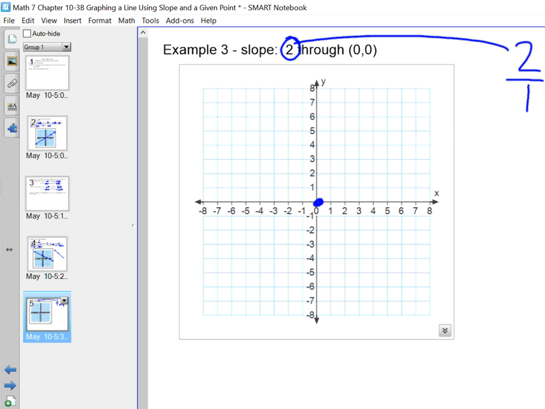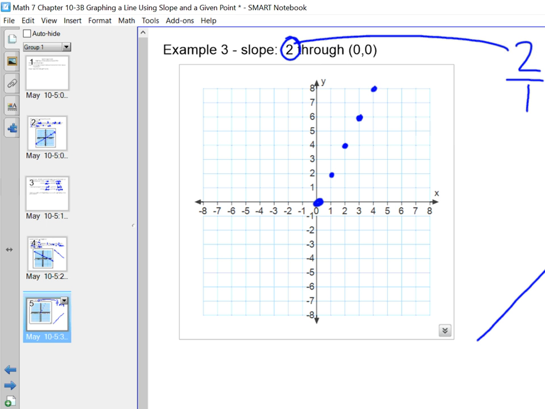first or down first. Since I am a positive slope here, I know that I want my line to be the type where I'm going to climb up. So if I go up 2, I want to go to my right. Up 2, right 1. Up 2, right 1. Up 2, right 1.